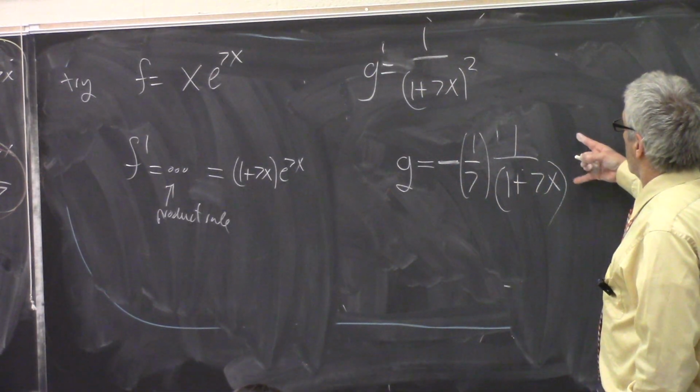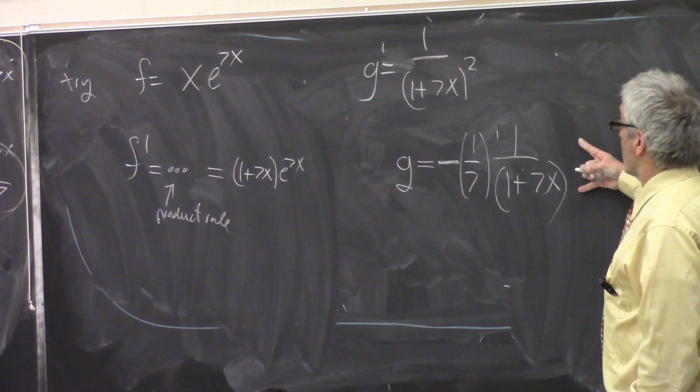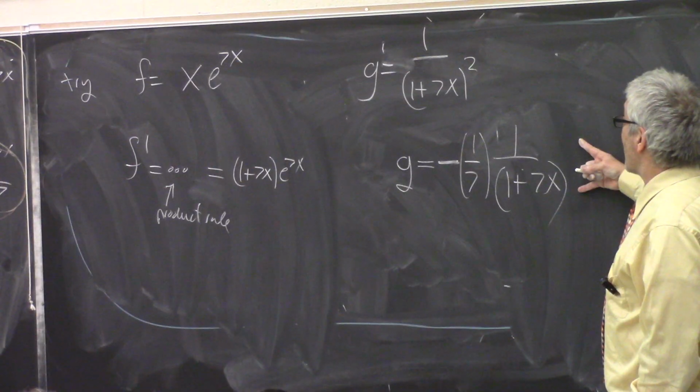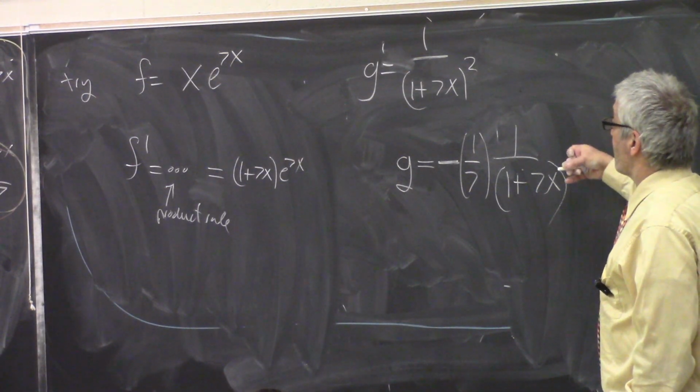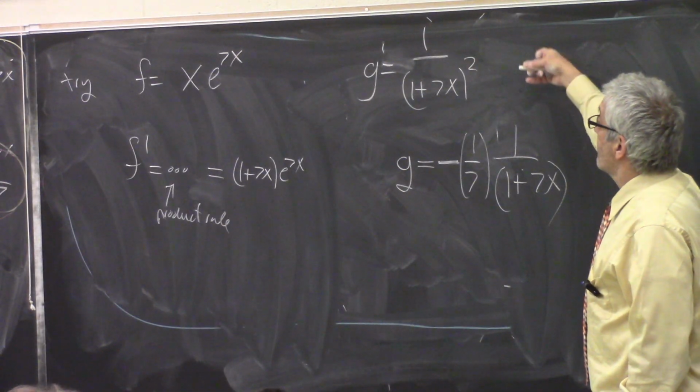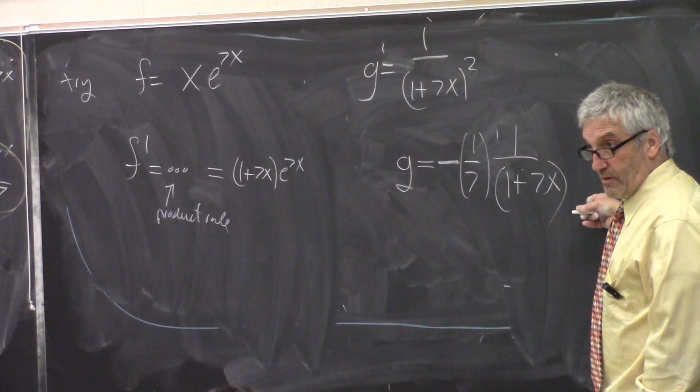Let's check. Here I've got 1 over something, so something raised to the negative 1 power. When I take the derivative of this, I'm going to get that thing raised to the negative 2 power. So it's believable that the derivative of this is this, and that the antiderivative of this is this.